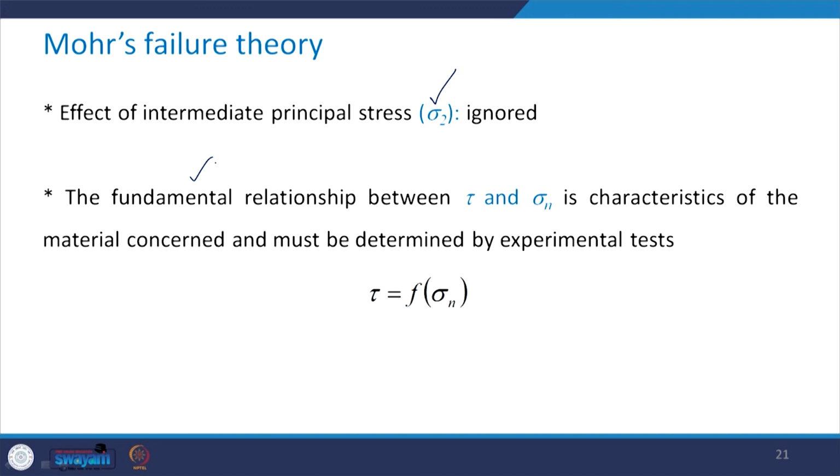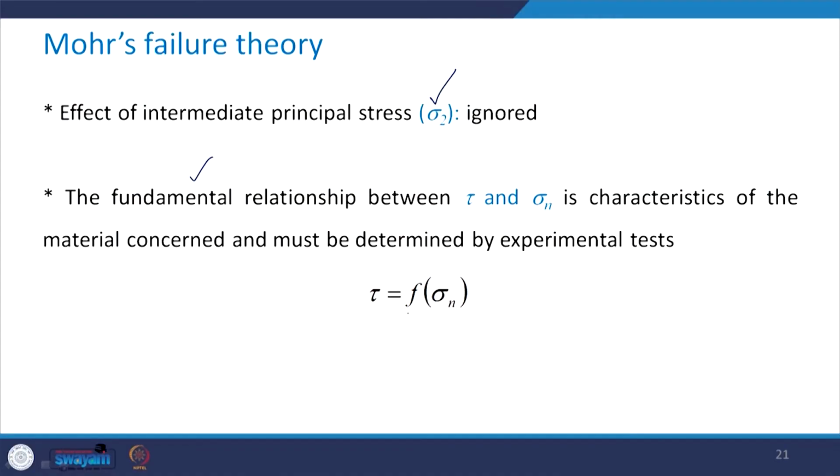So, say we conduct the triaxial test in the lab, and then we try to plot the relationship between tau and sigma n, and then we try to see what kind of relationship that experimental data is honoring. That is going to define this function f. Depending upon the characteristic of the material, this function f can be linear, or it can be parabolic, it can be hyperbolic, it can be anything, it will be the characteristic of the material.